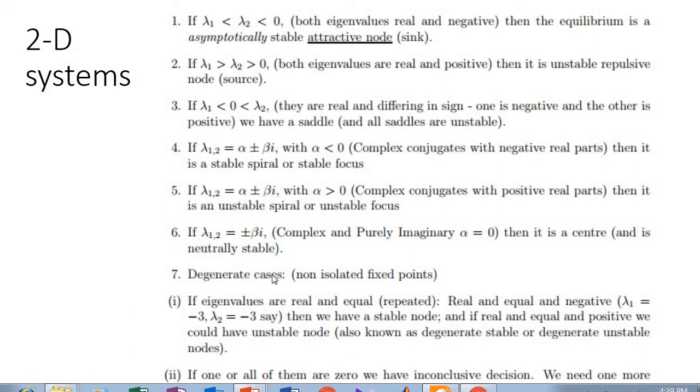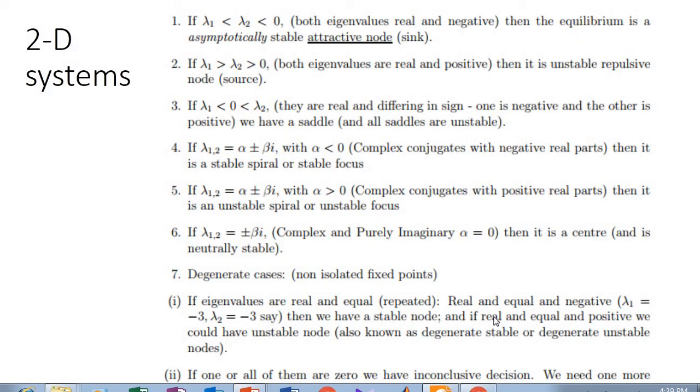Case number 7, not isolated fixed points. For a non-isolated fixed point, the eigenvalues are real, equal and repeated. If they are repeated, equal and negative, say minus 3 for lambda 1 and lambda 2, then we have a stable node.